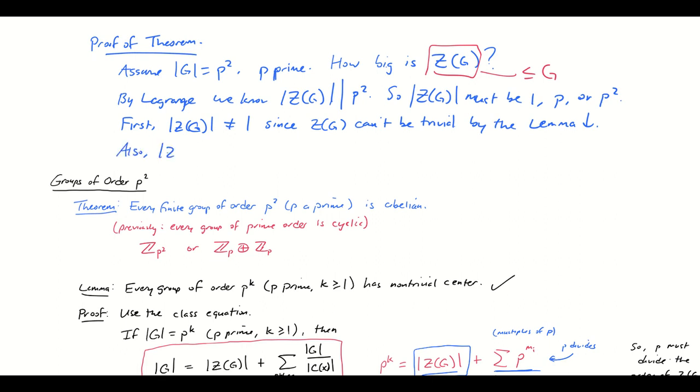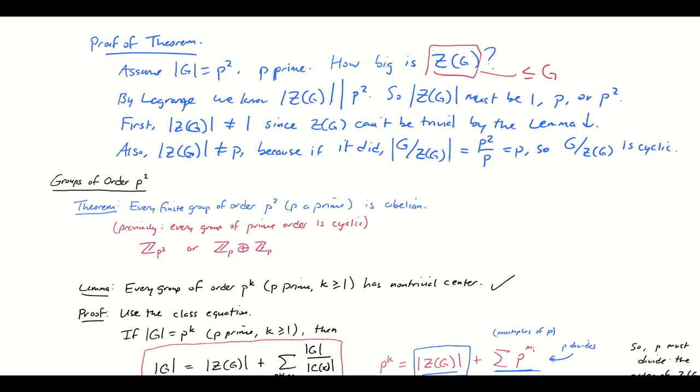All right, what about P? Also, I claim that the center can't have order P. And this is because if it did, then think about G mod Z of G. We know that the center is normal, so we can certainly mod out by it. Well, this would be equal to p squared over p, order G over the order of the center, which would be p. So this quotient would have to be cyclic because its order is prime.